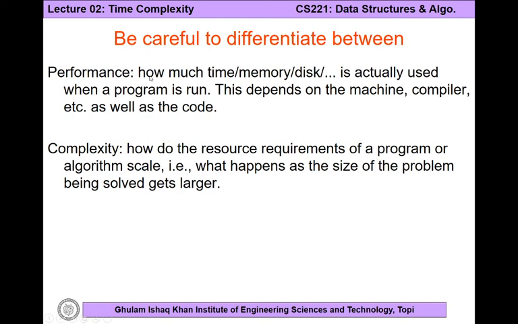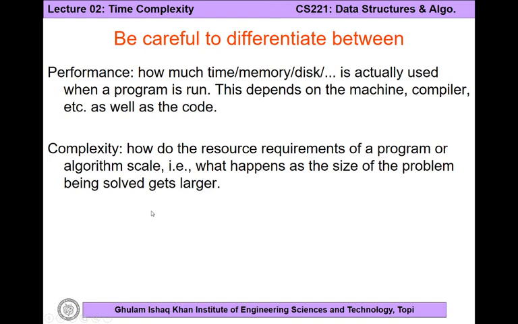By performance, we mean how much time, space and memory an algorithm is actually consuming when a program is run. This depends on the machine, compiler, and so many other things. But in complexity, we need to know how the resources required for a program or an algorithm scale.